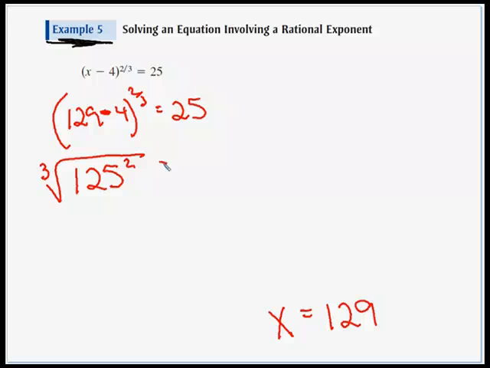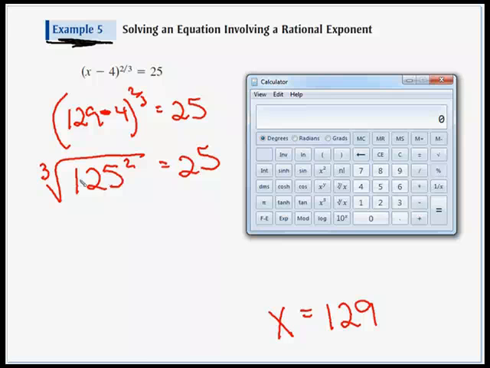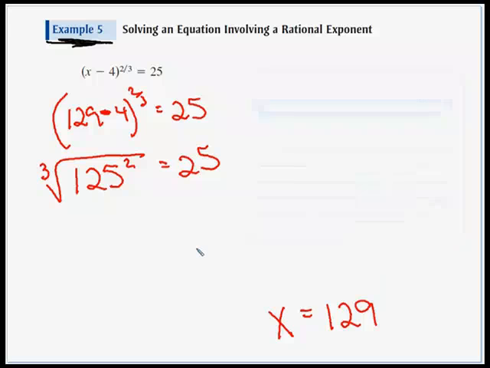And that should equal 25. Let's check that on the good old calculator. So underneath we have 125 squared, and we want to take that answer and 3rd root it. So that when we cube root that, we get our 25. So 25 equals 25. The answer does check out.